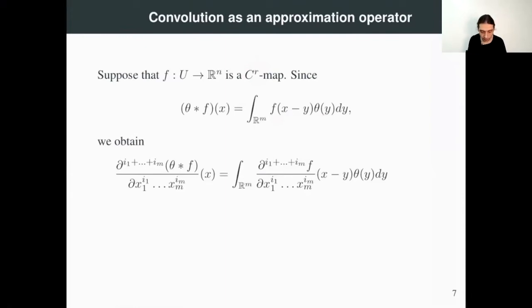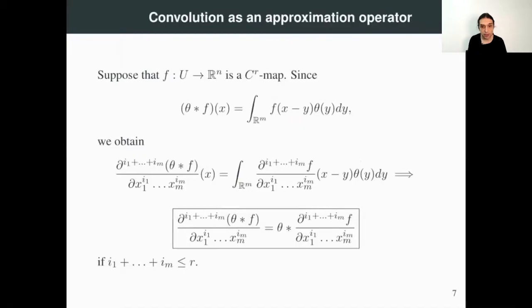Of course, we can keep doing that a finite number of times. Since f is CR, we can differentiate R times. So we are going to have this equality as long as we are differentiating at most R times.